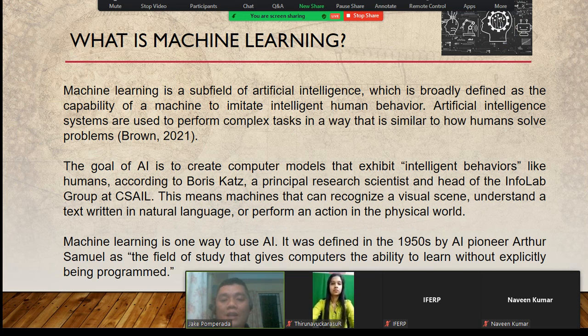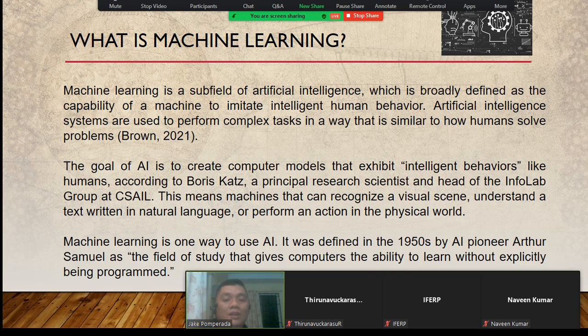Before we can proceed with the current trends in machine learning, we have to understand and define what machine learning is. With technology advancement, the integration of artificial intelligence in information technology is currently being applied in different areas, including machine learning.